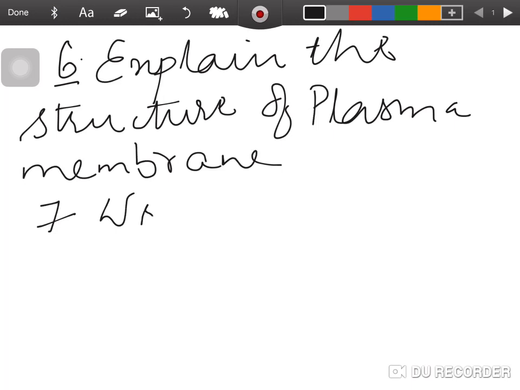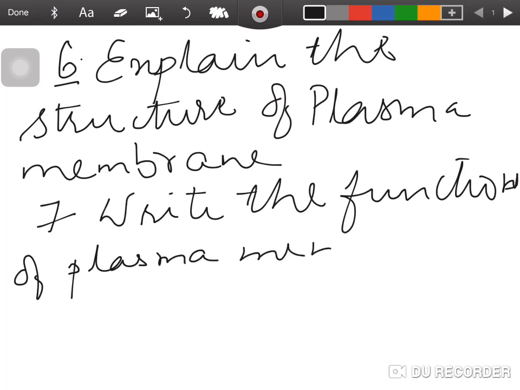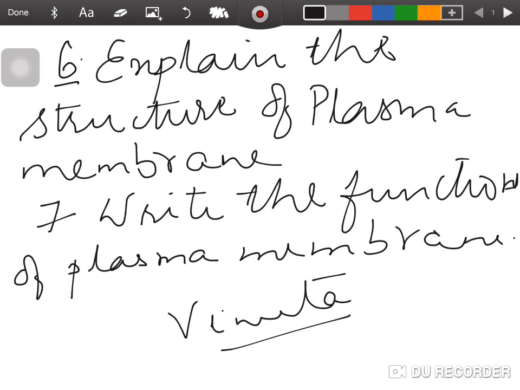Seventh is: write the functions of the plasma membrane. So these are the questions which you have to do regarding the plasma membrane. First, I have given you the introduction. You will just watch these videos and you will attempt those questions. Okay, and if there's any difficulty, you can ask me. Is it clear?